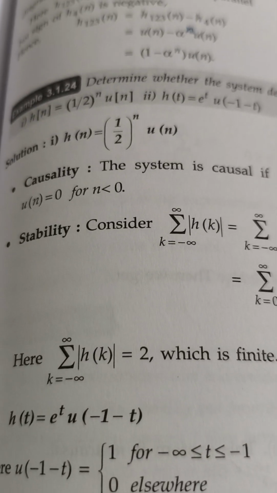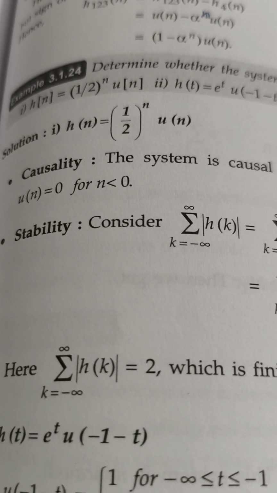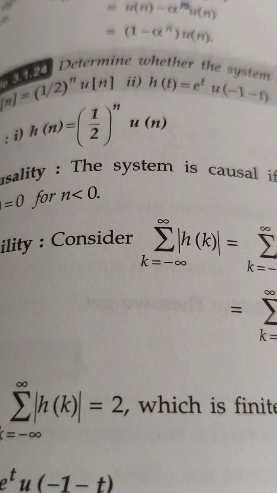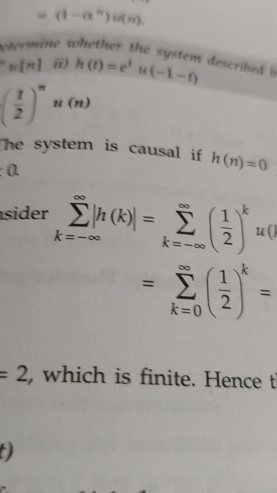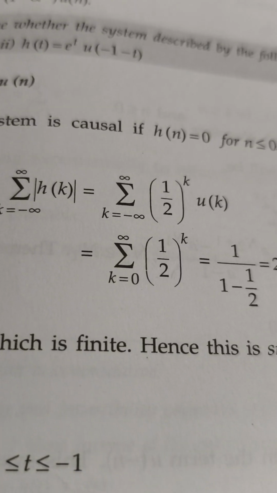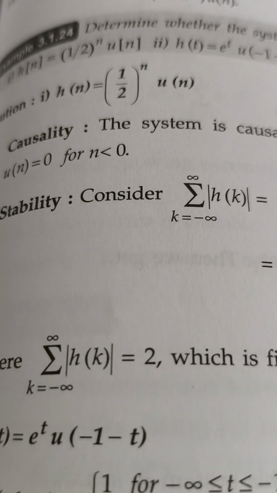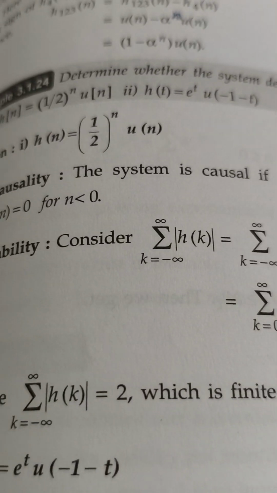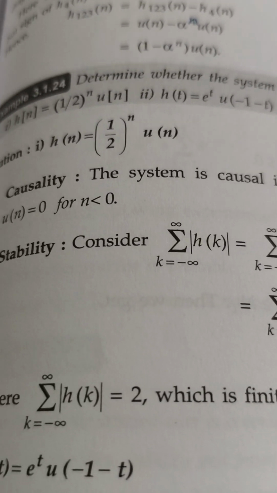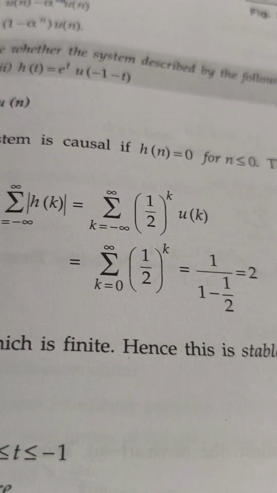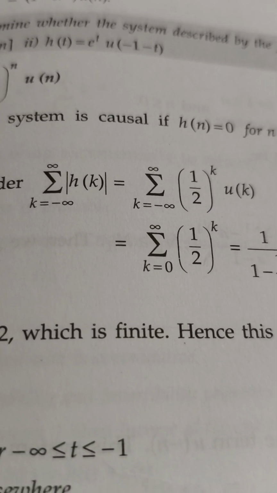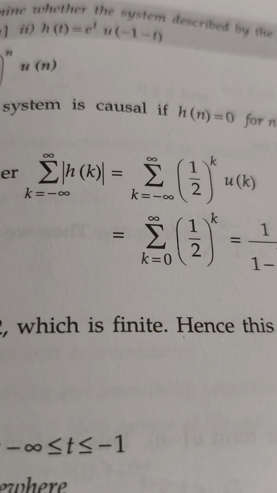Here, what is h of k? We have to consider the value of h of k. This is the equation, 1 by 2 raised to k: replace n by k, so it is 1 by 2 raised to k, and in place of u of n, it will be u of k. Therefore, this will be the summation of k equal to 0 to infinity.